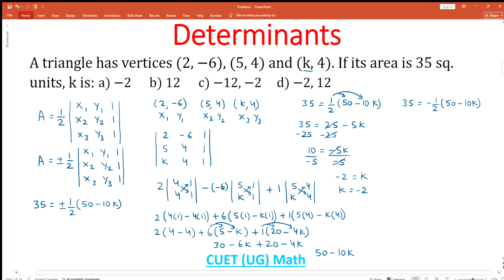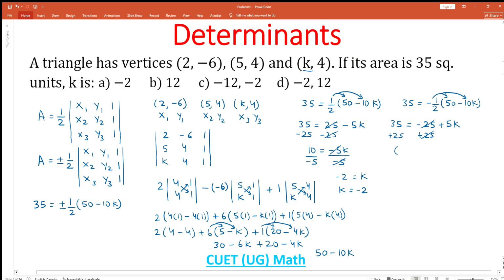Now we can analyze the negative case. We should distribute negative half into the parentheses. Negative half times 50 is equal to negative 25, and negative half times negative 10 is equal to positive 5. We can isolate k on the right side by adding 25 to both sides.